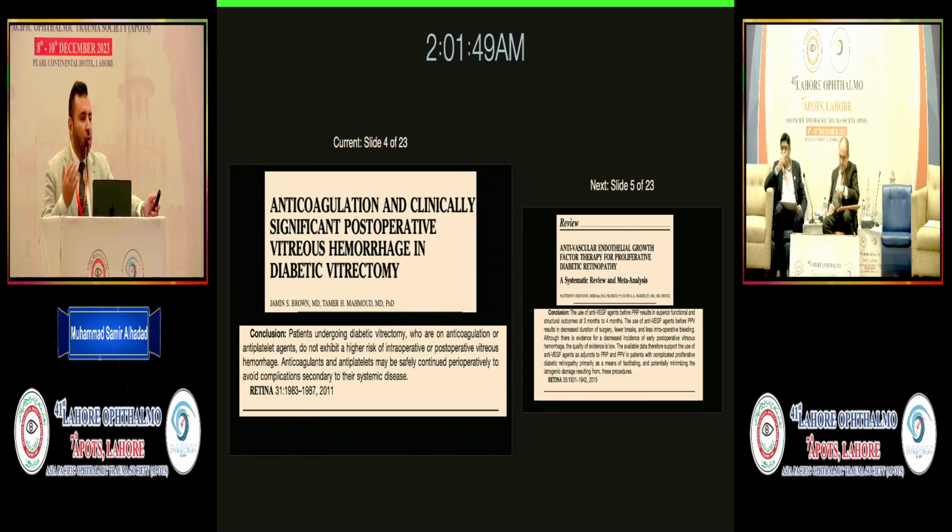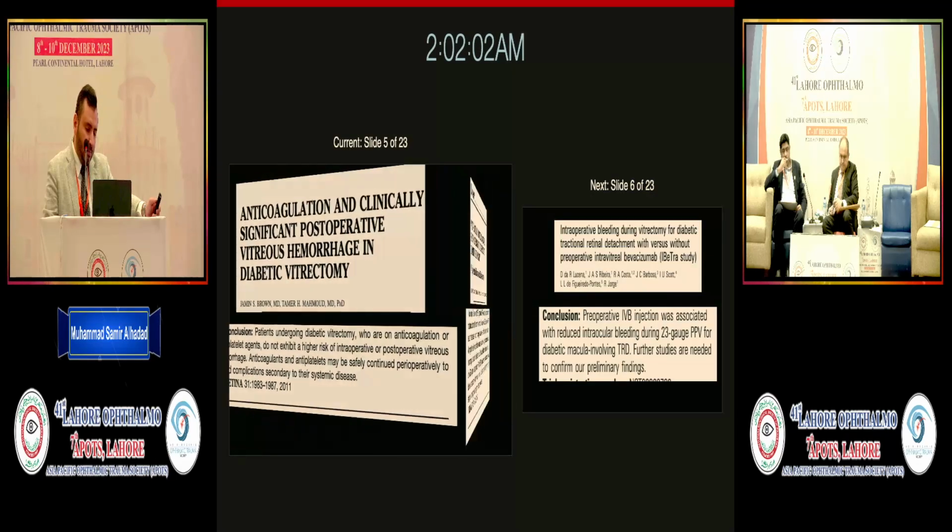So the conception of stopping the anticoagulants and antiplatelets before the surgery is not important according to this paper, and you can safely continue the treatment.